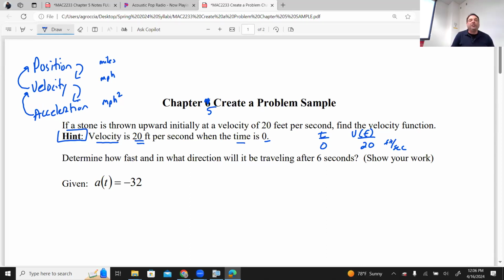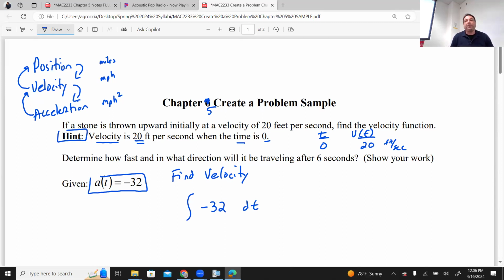Step 1, we're starting with acceleration, but what I want is to find velocity. So how do I go from acceleration back to velocity? Take the integral. Perfect. So you're going to take the integral of -32, be careful, with respect to t, not x.